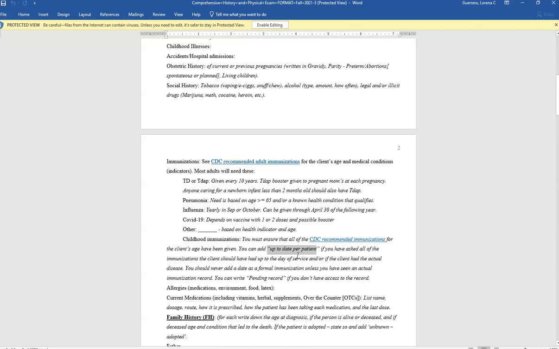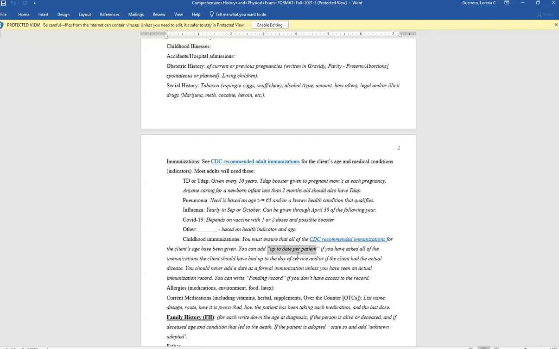And then this part, I don't want you to be putting up to date per patient. You can put per patient, but if the patient says, yeah, I think I got my tetanus like September 3rd of last year, unless you are looking at another medical record that shows that someone actually gave that shot on that date, please don't list it.